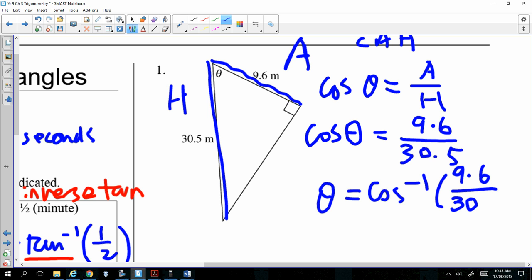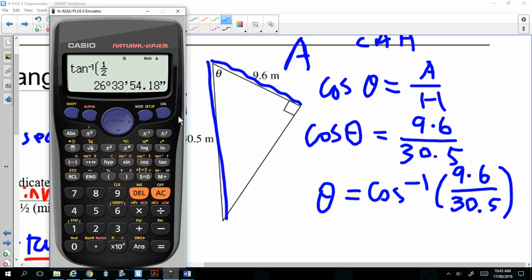So you type this on a calculator: shift cos, fraction, 9.6 over 30.5, and press equal.